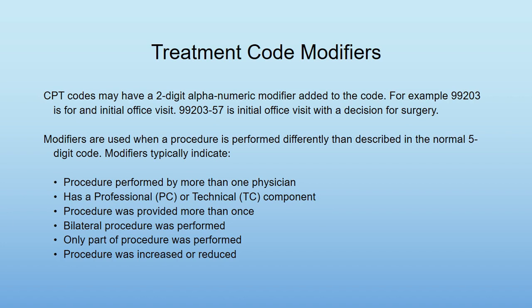Modifiers are used when a procedure is performed differently than what was described in the normal 5-digit code, and they will typically indicate that it was performed by more than one physician, that it has a professional (PC) or a technical (TC) component, that the procedure was performed more than once, that it was a bilateral procedure, meaning it was either left side or right side, that only part of a procedure was performed, or that a procedure was increased or reduced.